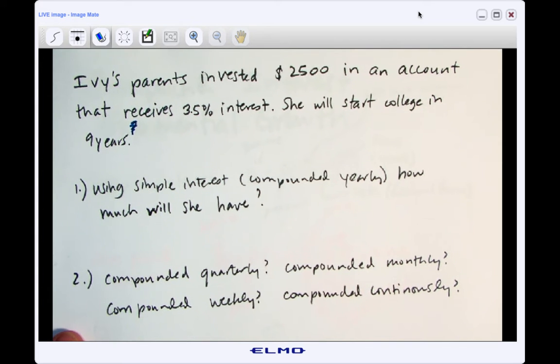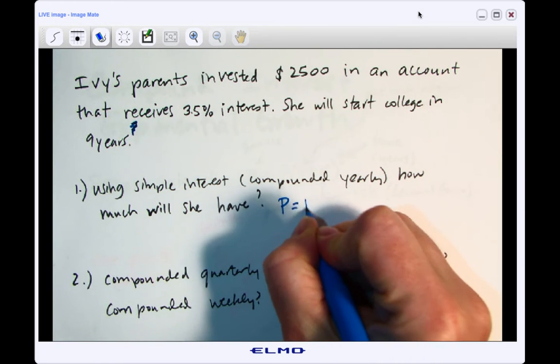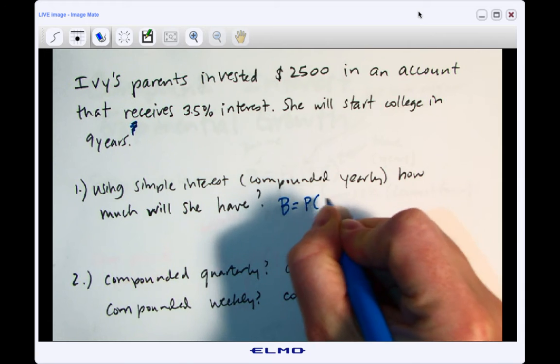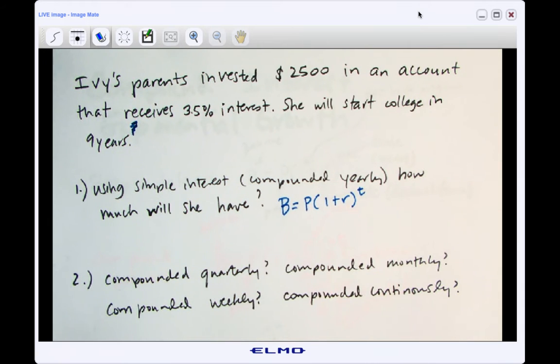All right. The first one says, using simple interest, just compounded yearly, how much will she have in 9 years if this is the situation that she's in, right? So what is our simple interest? This one is the balance is equal to the principal times 1 plus the rate times t. So all I'm going to do is plug in what I know.